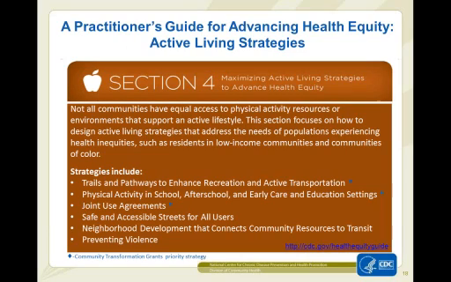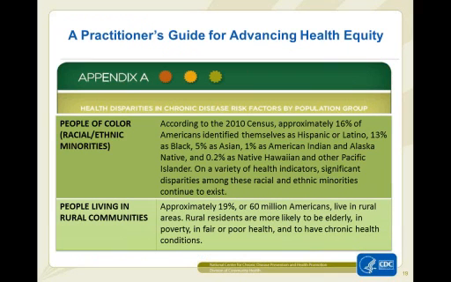Of the 6 strategies listed here, 3 are priorities for the CTG grants. In addition to the community examples and the strategies listed in the 3 sections, there are appendices in the Health Equity Guide. The first appendix, Appendix A, describes the chronic disease risk factors for over 8 different population groups.